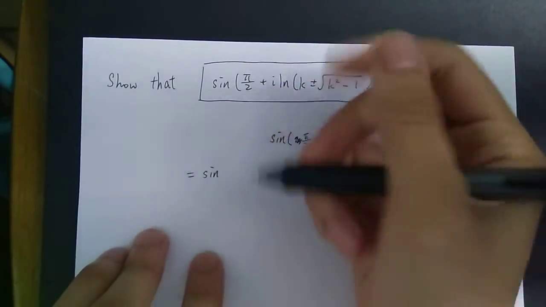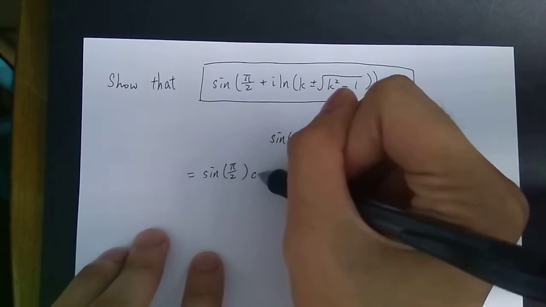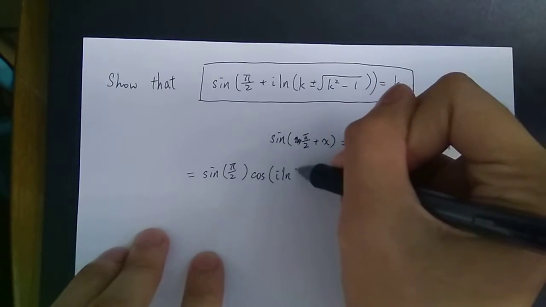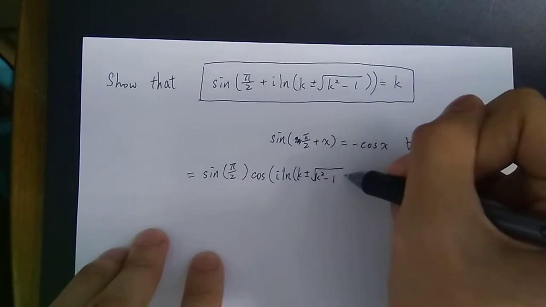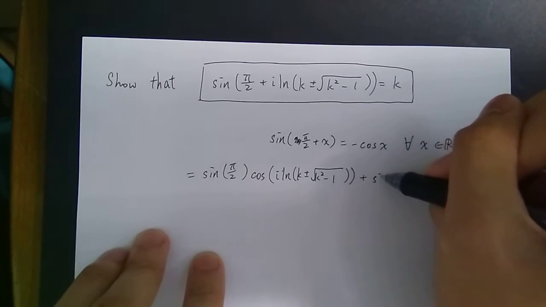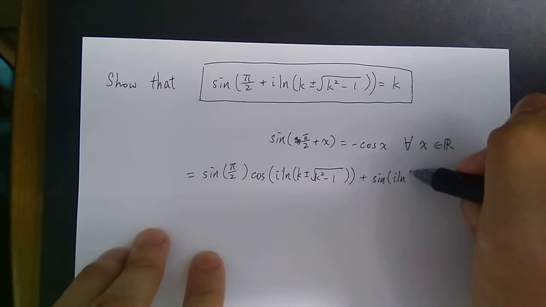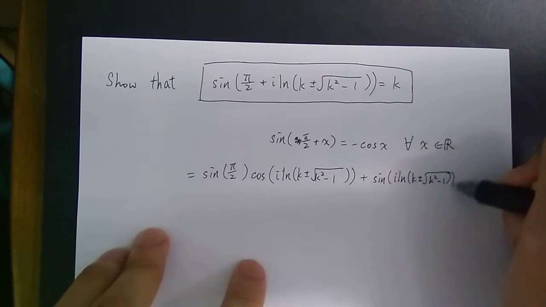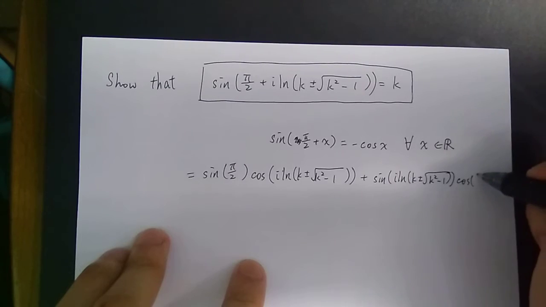The first term will be sine of pi over 2 times the cosine of i natural log of k plus or minus square root of k squared minus 1, and then plus the second term, sine of i natural log of k plus or minus square root of k squared minus 1, times cosine of pi over 2.